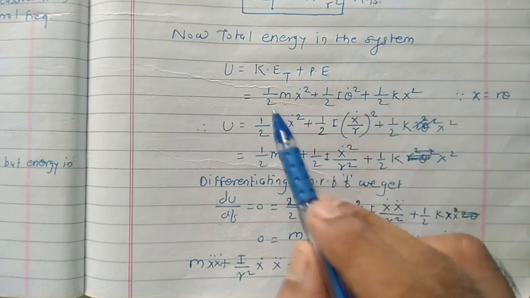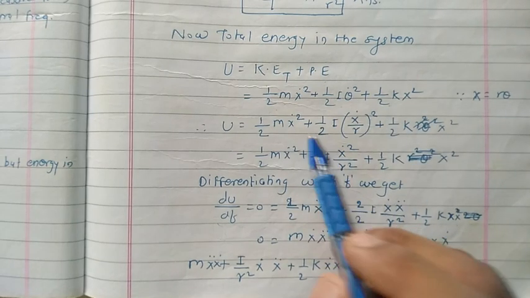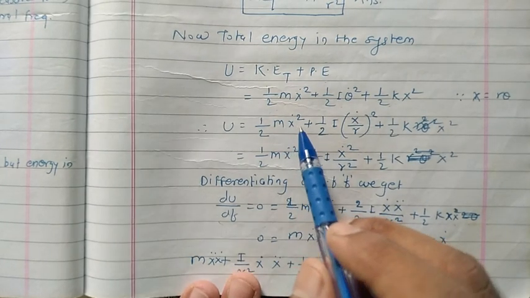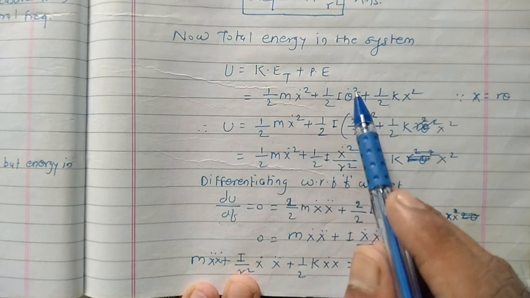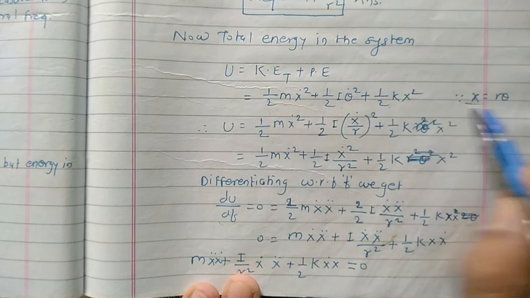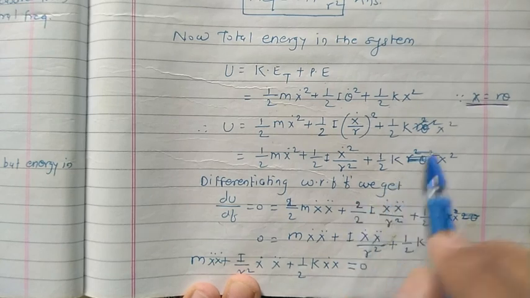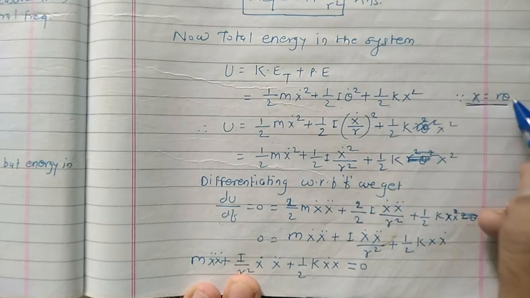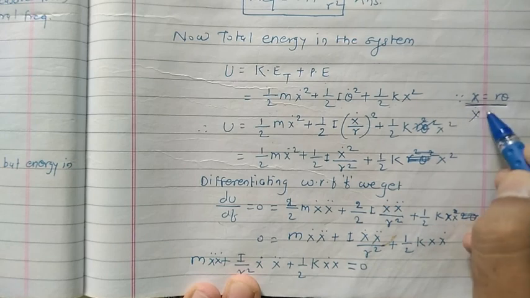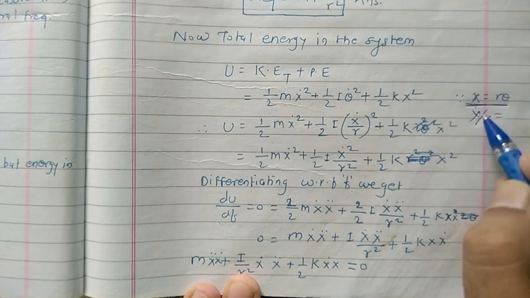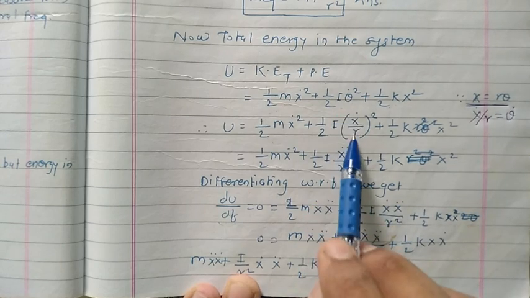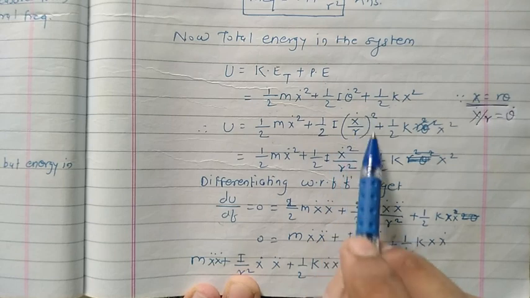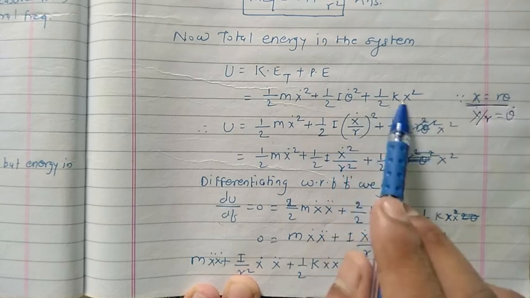Now bring this equation into one variable. Theta single dot should be replaced by x terms: x single dot divided by r equals theta single dot. So this term must be replaced by x single dot divided by r whole bracket square, plus 1/2 this term will remain as it is.